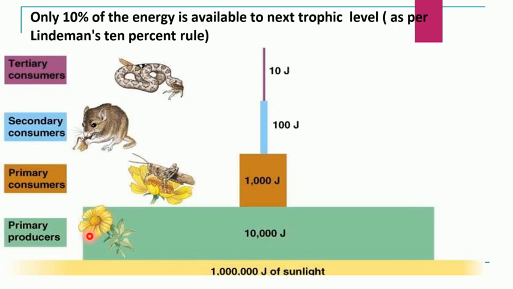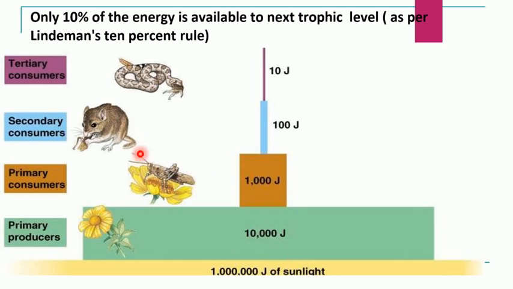Now these primary producers are eaten by the herbivores, so we call them primary consumers. But is it possible that all energy will be transferred from primary producers to consumers? No. Only about 10% of the energy is transferred at each trophic level. So suppose there is 10,000 joule energy present in the plants, only about 1000 joule energy is transferred to the primary consumers, that is herbivores.